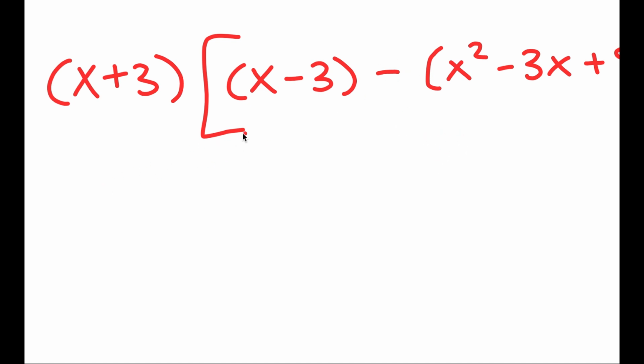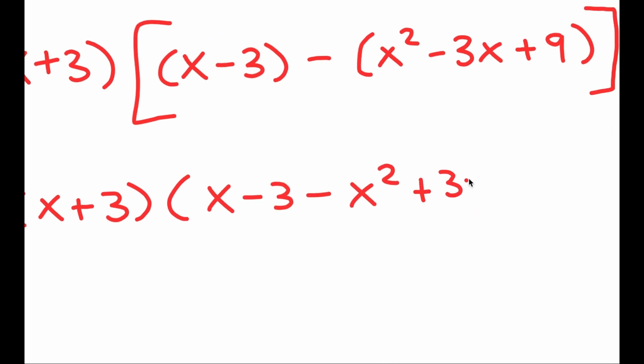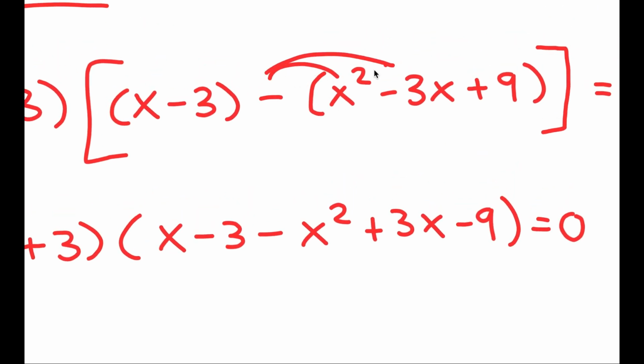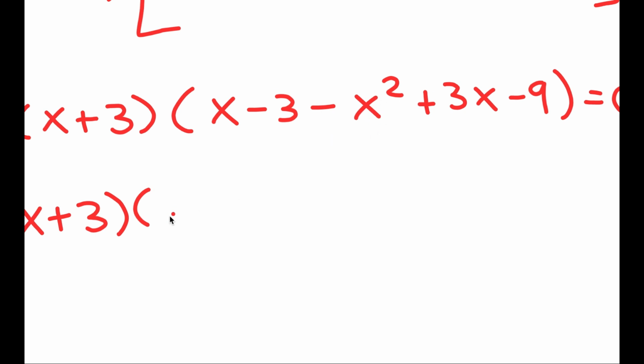Now, if I simplify what's in the brackets, I get x plus 3 times x minus 3 minus x squared plus 3x minus 9 is equal to 0. So I simply distributed the negative sign. And from here, I get x plus 3 times, I'm going to combine like terms. So negative x squared can't combine with anything. x plus 3x is 4x. And negative 3 minus 9 is negative 12.